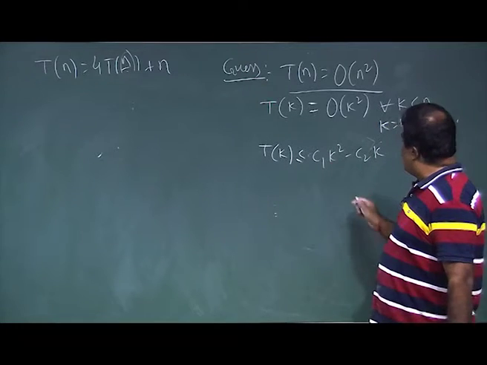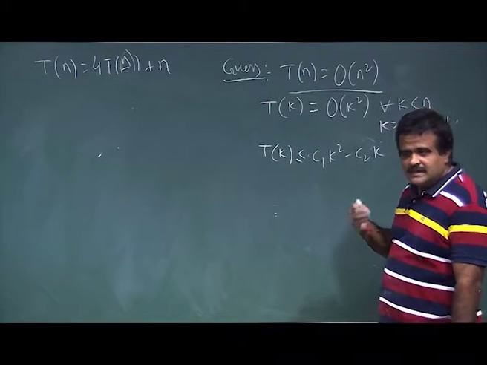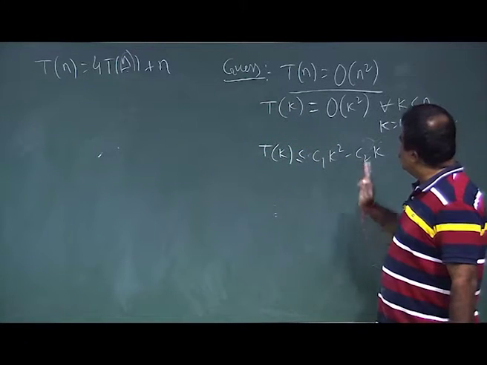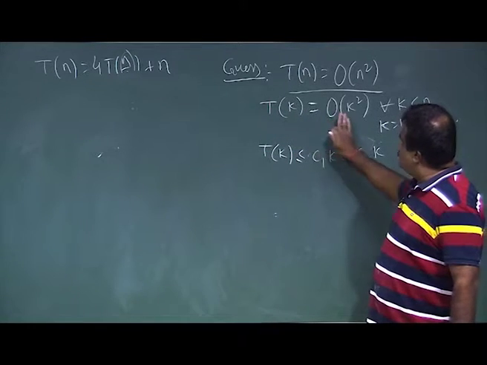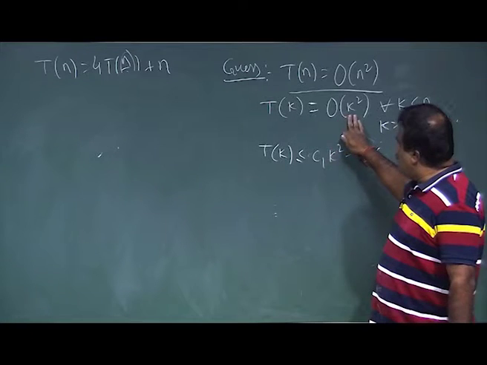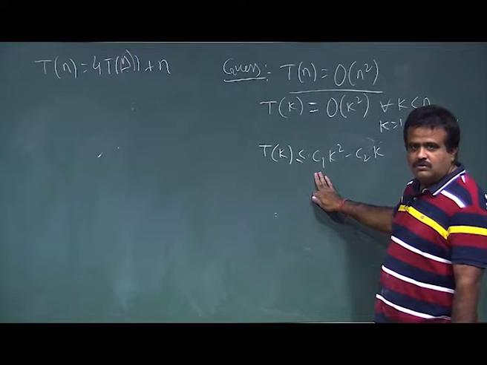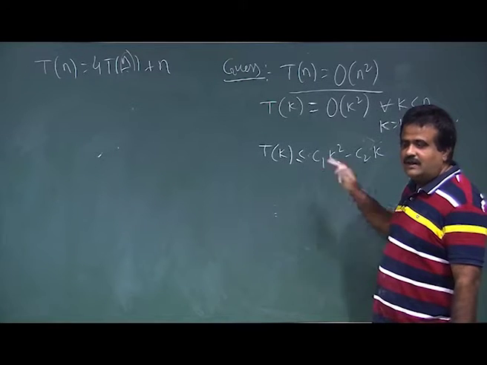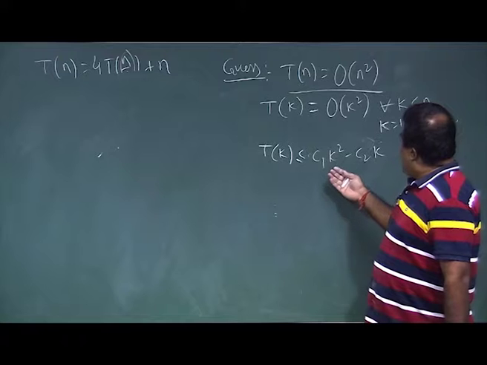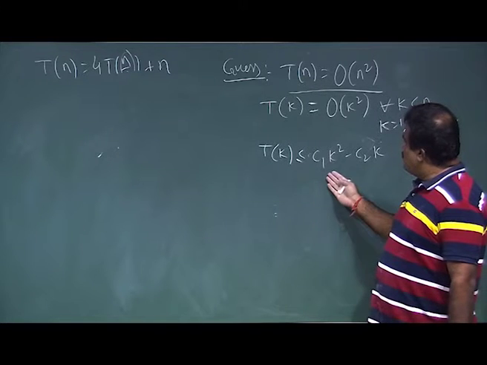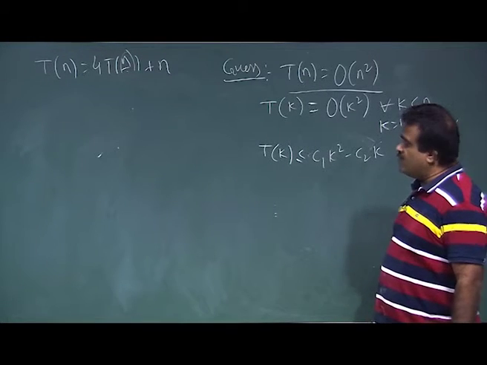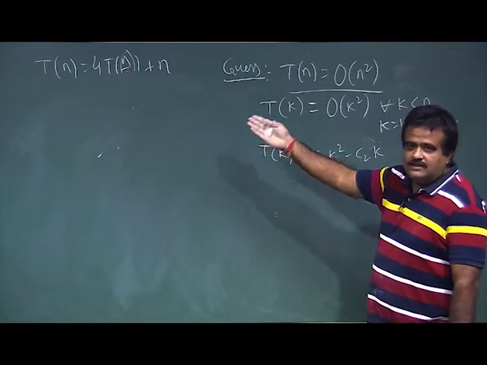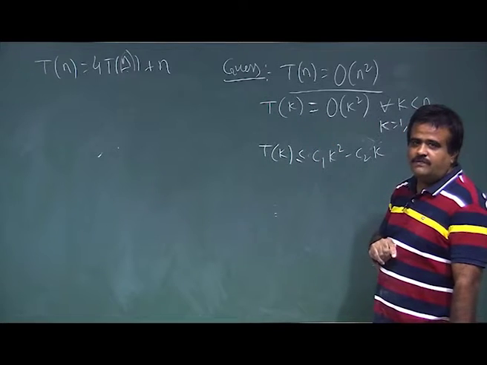We will take this tighter bound, and then see whether this helps us achieve that. This bound is tighter than the earlier bound, and with its help we want to see whether we can justify that the solution is big O of n square.